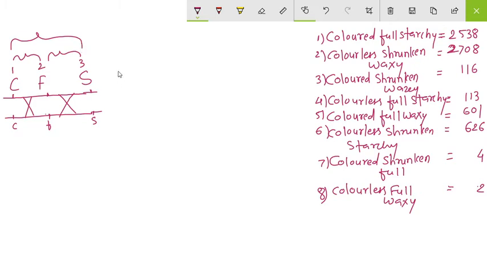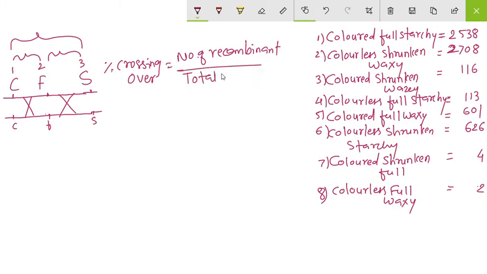So now the formula is percent crossing over is equal to the number of recombinants divided by the total number of progeny into 100. Okay. So first of all, we have to calculate the crossing over distance between C and F.